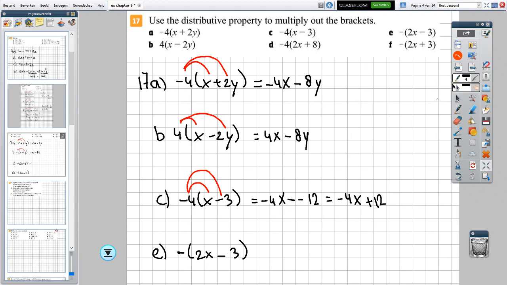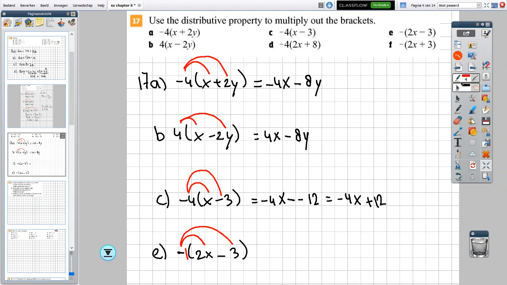And the last thing that I want to show you is what happens if you only have a negative sign in front. If you have this, what you really should be examining is that there is a -1 here, but we leave out the 1. So we do -1 times 2x and -1 times -3.